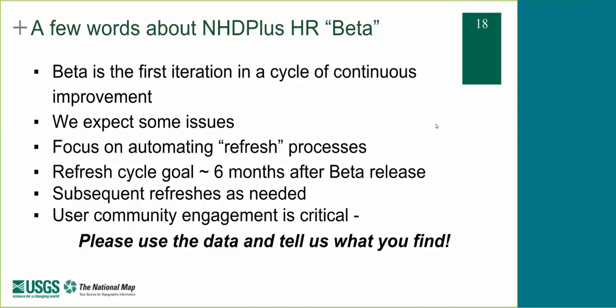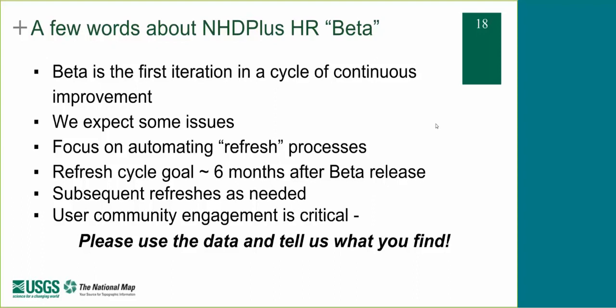And that is that this is really the first iteration. The beta is the first iteration in what we hope to be a cycle of continuous improvement. So we do expect to find some problems, but we also hope that the data as it is is pretty useful for a lot of purposes.